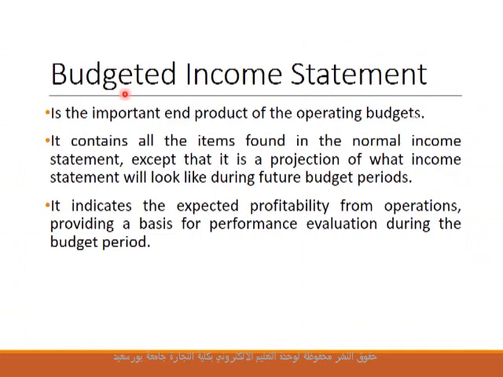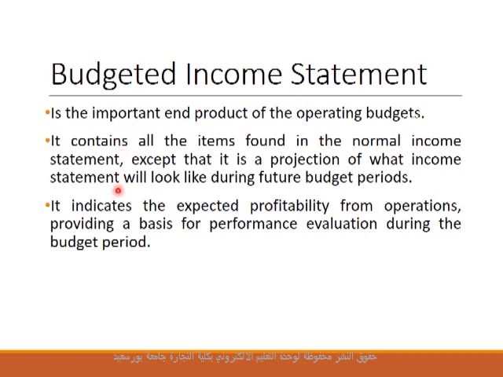Now we have all information we need to see what our income statement will look like if we meet all of previous operating budgets. A budgeted income statement is an important end product of the operating budgets. It is prepared from the various operating budgets.